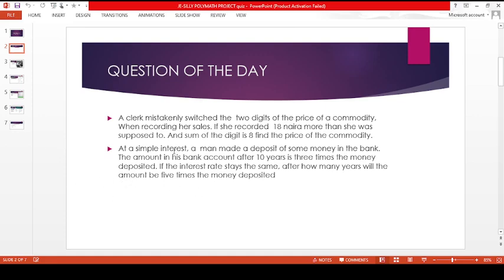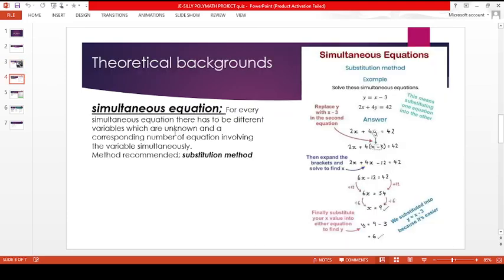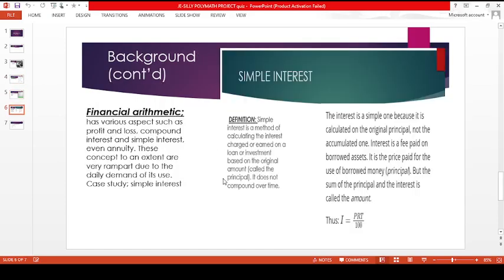So, what basic knowledge should you have? Not place value. We've tackled problems on place value with the previous question, and now you must have a strong background of simultaneous equations and financial arithmetic, of which in the last video we gave side notes on simultaneous equations, the substitution method to be precise, also recognizing other methods, but since substitution was handy here, we used it.